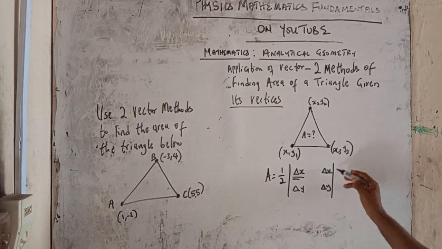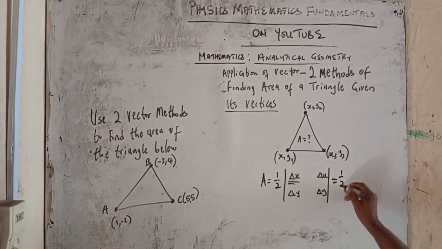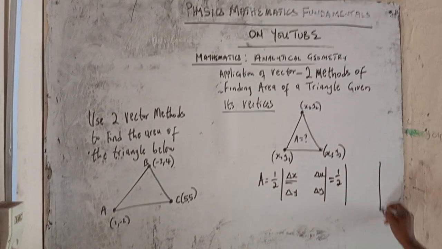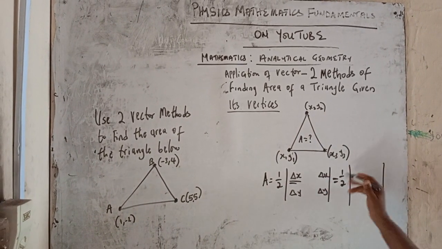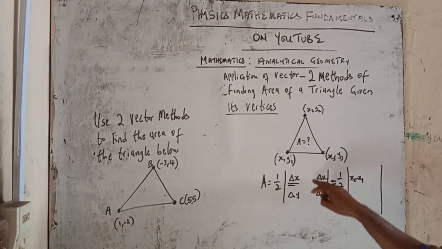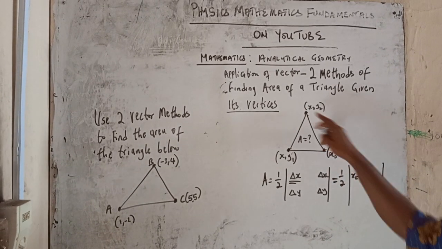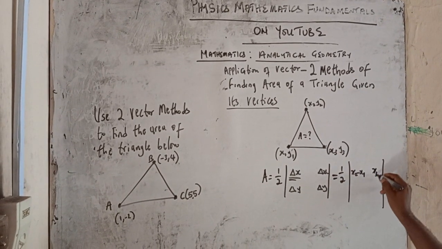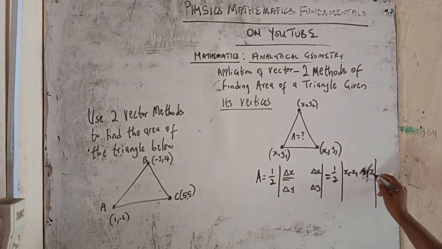Now, let's start. For this particular triangle, the area is given as 1 over 2. The change in x there will be x2 minus x1 for this place. And then for this place too, the change in x will be x3 minus x2.